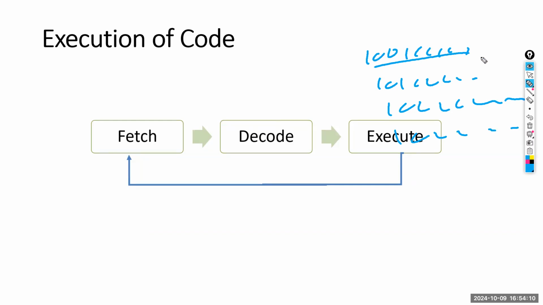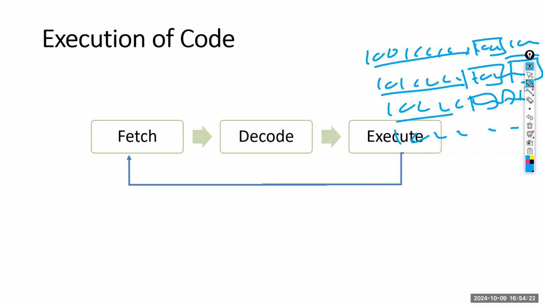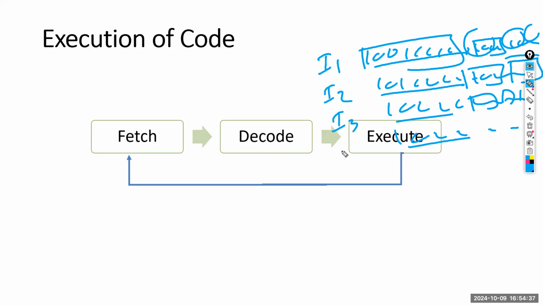And this is your instruction, and maybe this is your data part. Again, a set of ones and zeros. So maybe one particular data, two particular data, sometimes even three data at binary. So a binary instruction consists of your instruction and data. Okay, and say this is my instruction 1, instruction 2, instruction 3 at low level.